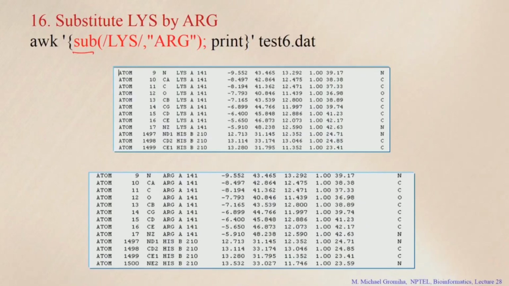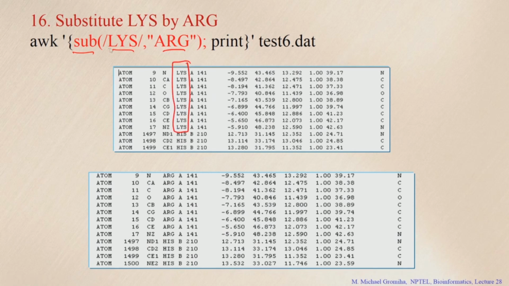Now, if you want to do any substitutions, for example, if you want any mutations, it is possible to substitute any text using this command sub. So, what do you want to substitute? Here you want to substitute LYS to ARG. Then how to substitute this lysine to arginine? So, here this is the record for the lysine, right.